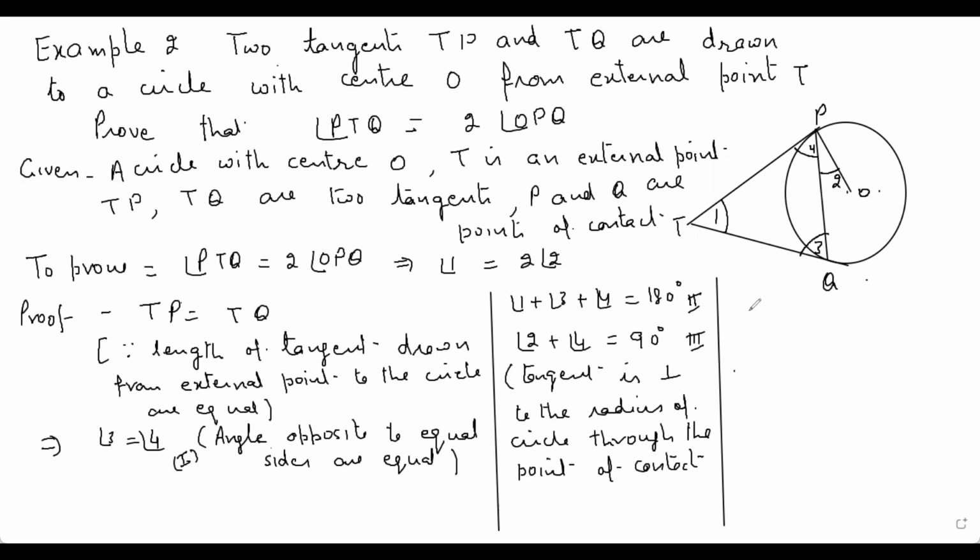So by 2, I have angle 1 plus angle 3 plus angle 4 is equal to 180 degree. By 1, instead of angle 3, write 4. Angle 1 plus angle 4 plus angle 4 is equal to 180 degree.